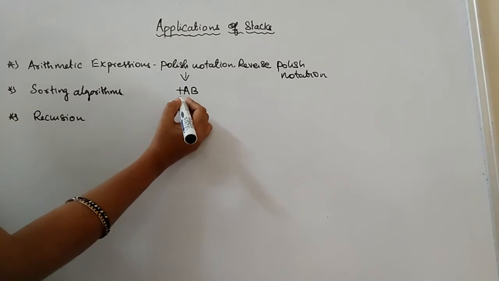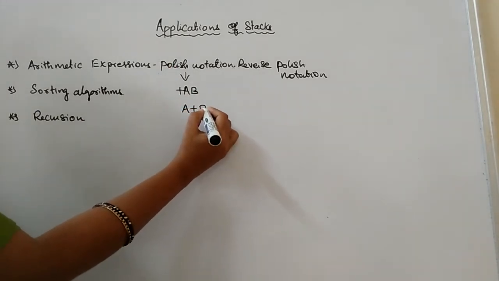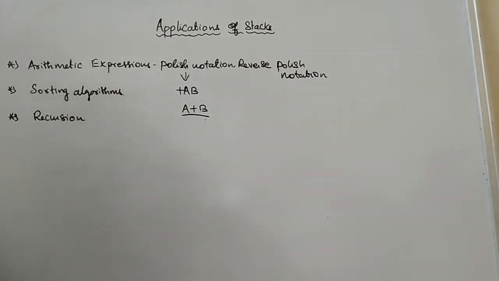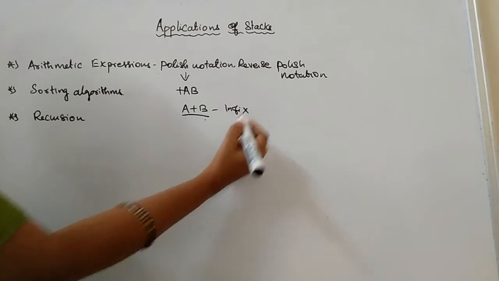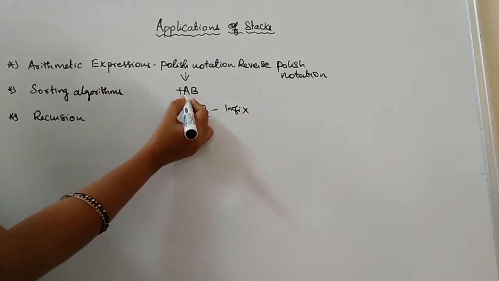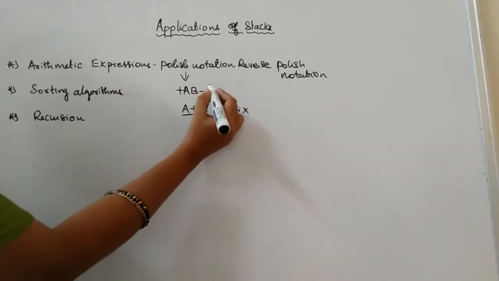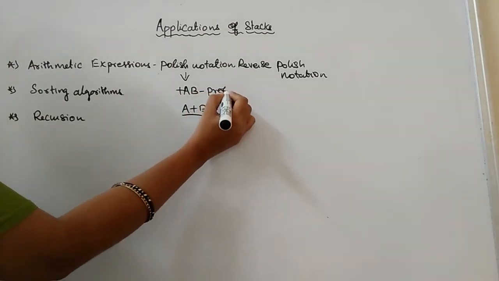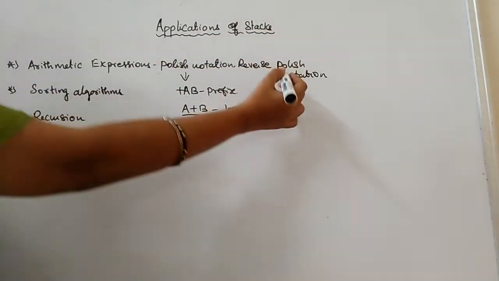Notice that usually when writing the expression, you write A plus B. This notation is called infix notation. When you write the operators before the operands, it is called prefix, or we may call it a Polish notation.